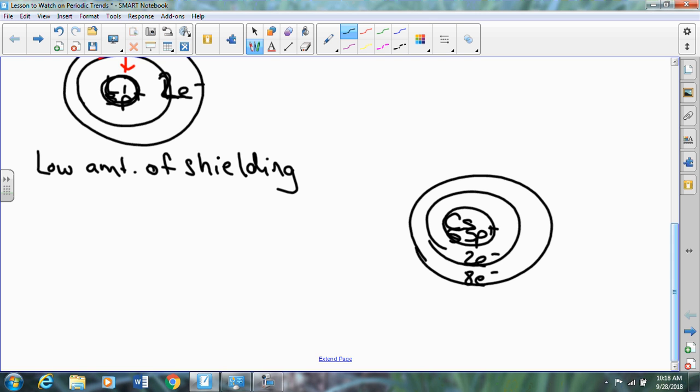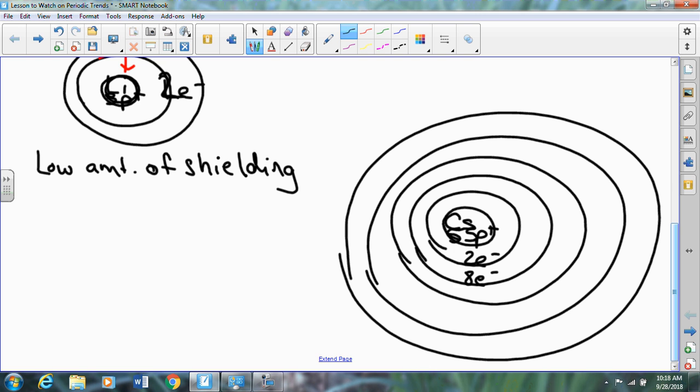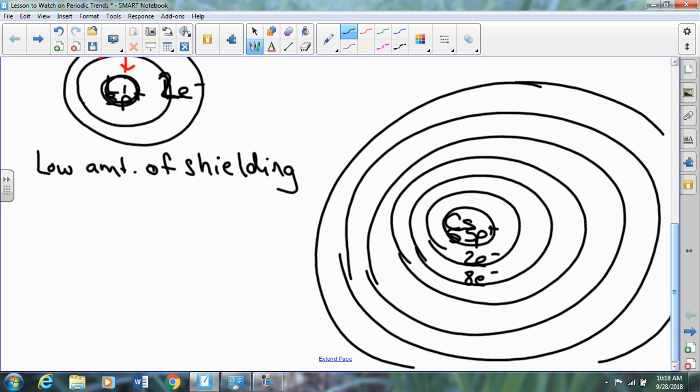Because cesium has 6 energy levels, we'll have a 5th energy level and then a 6th energy level. We go 2, 8, and then 18, because it's 3s, 3p, and then because the 4s starts, there'll be 10 more, so it'll be 18.